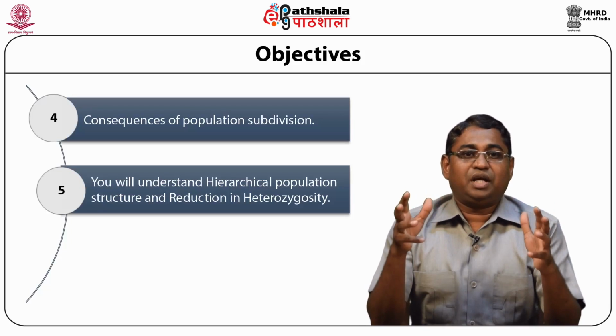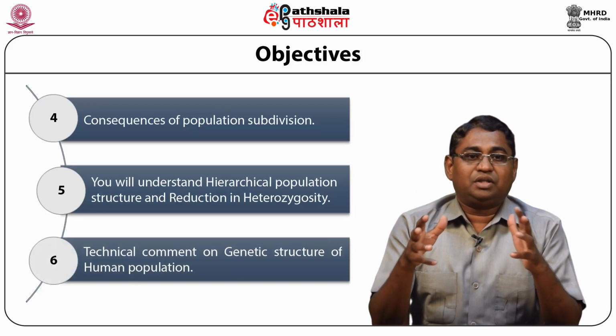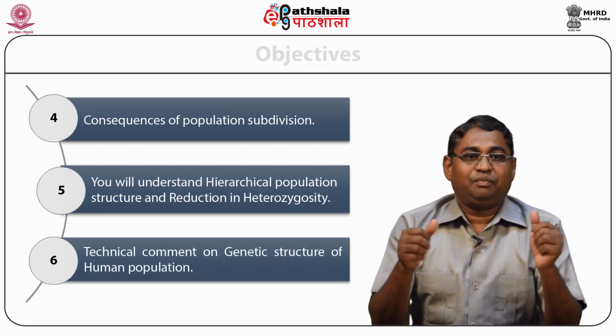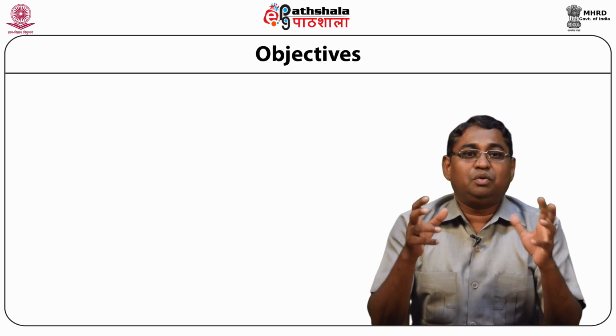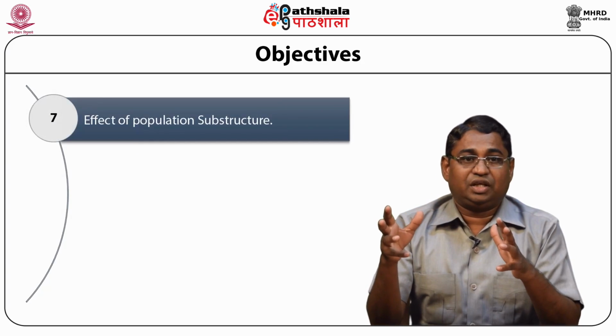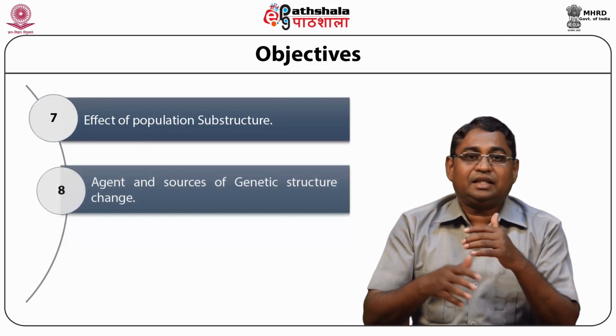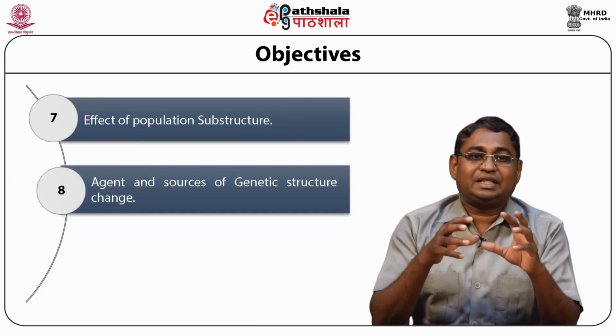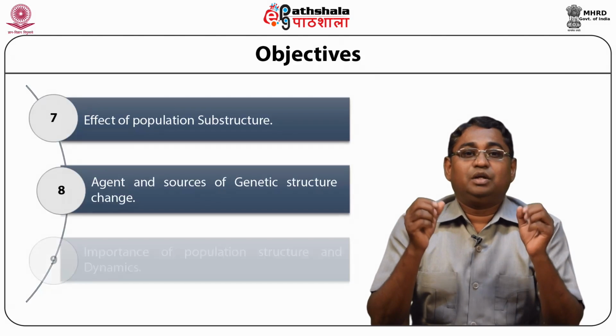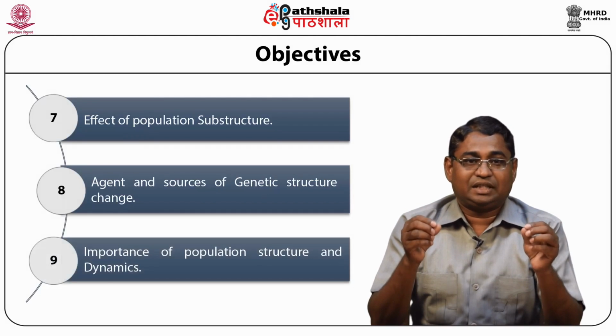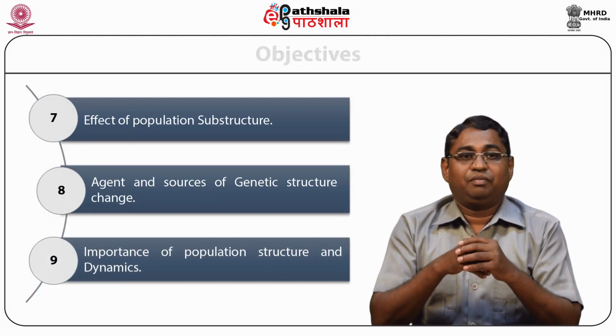I will also tell you technical comments on genetics, genetic structure of human population, then you will know the effect of population structure and agent and sources of genetic structure change, importance of population structure and dynamics.